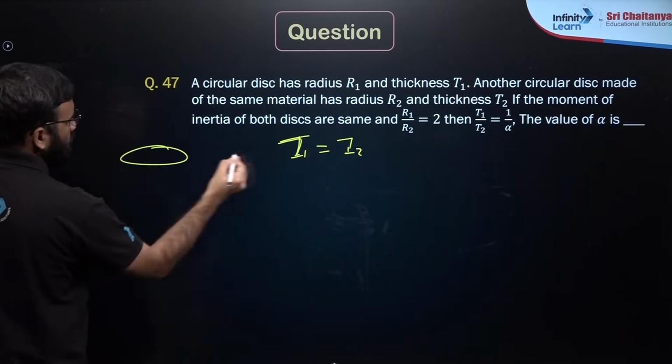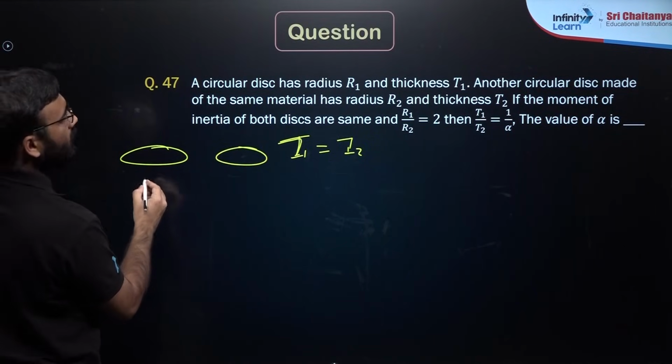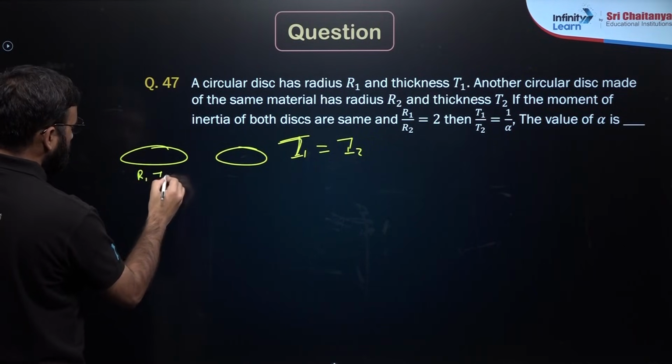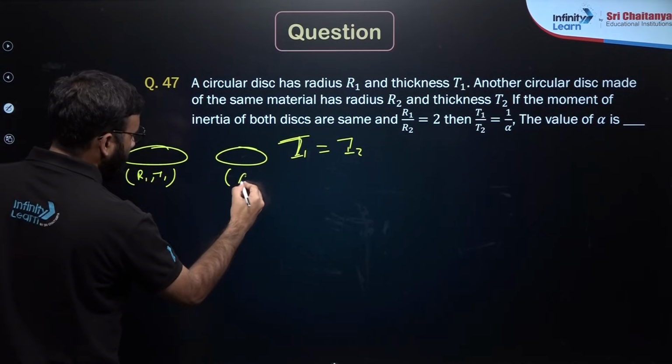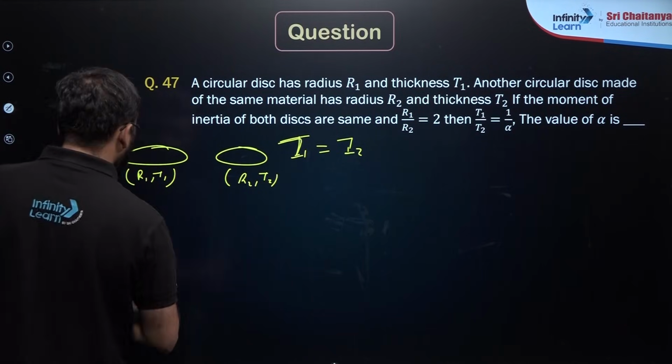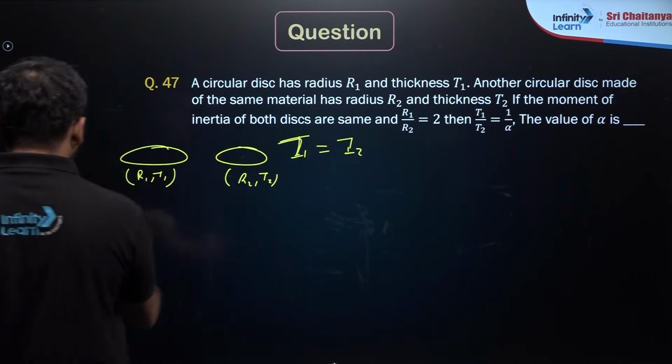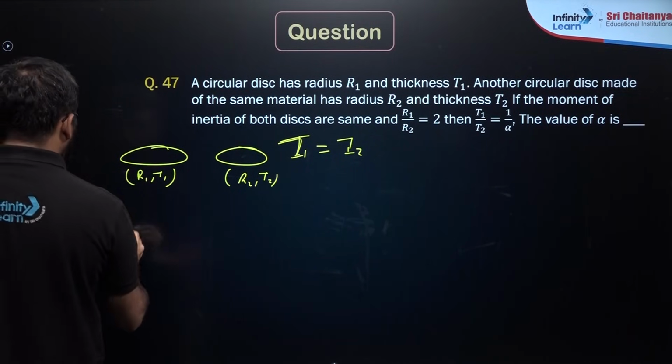These are the two rings, with radius R1 and thickness T1, and T2. So what is the mass of this one? Density into volume.